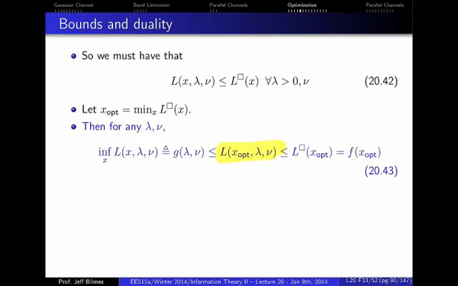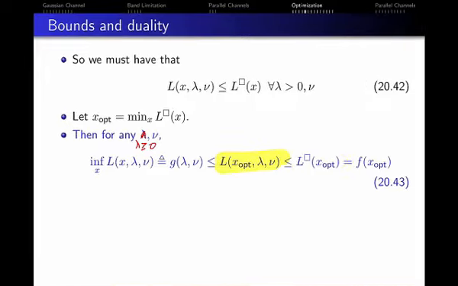First of all, for any lambda and nu, we have L, the Lagrangian at opt. Oh, this is not for any lambda. This should be lambda greater than or equal to 0. We have this thing, which we saw before, and that's equal to the optimum value.